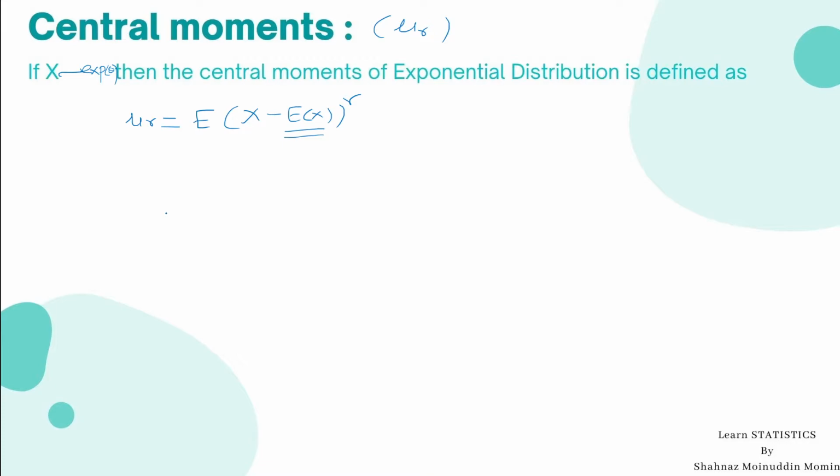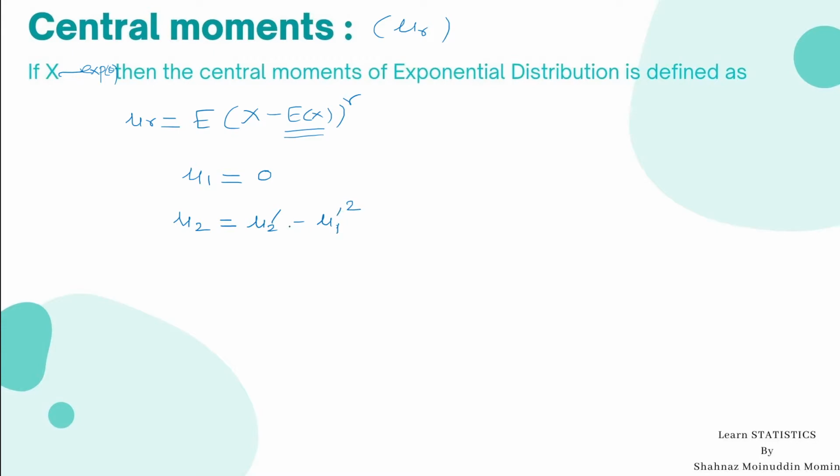So let us start with the first central moment, mu1, equal to 0. We know that the first central moment is always 0. Use the second relation, mu2 is equal to mu2 dash minus mu1 dash square.